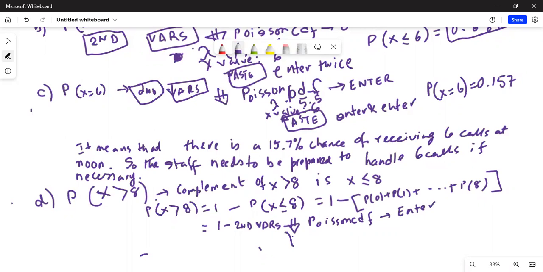Your lambda, remember, is the average number of calls per hour, 5.5. Your x value is 8 because we want to add from 0 to 8.